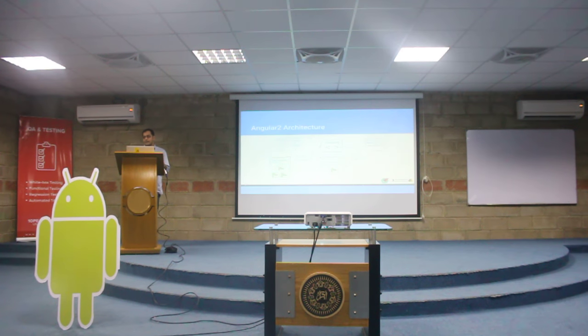So any data that you're bringing across from outside, it's brought in by a service, and that's injected into your component, and then you can inject it into any component and fetch the data or add to it or whatever.